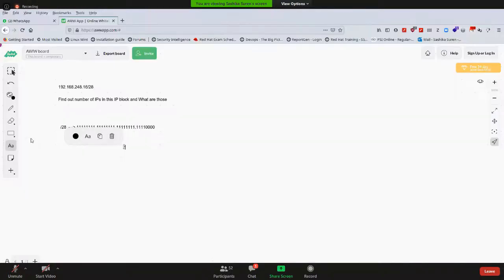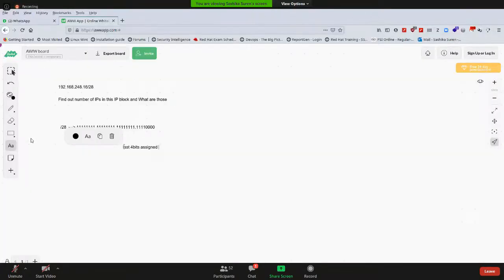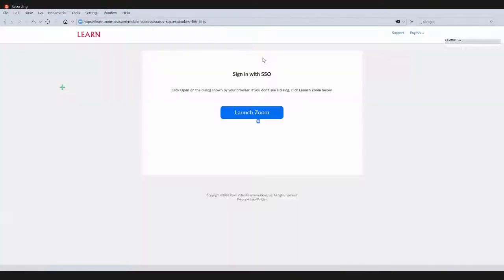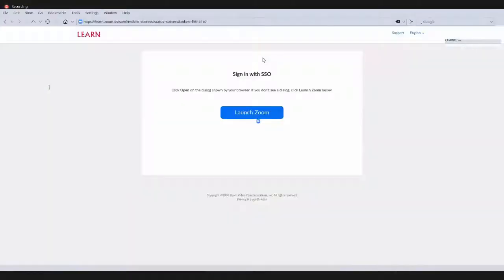That means it contains 2 to the power of the last 4 bits assigned for the host. Nothing to worry about, just focus on what I'm saying.